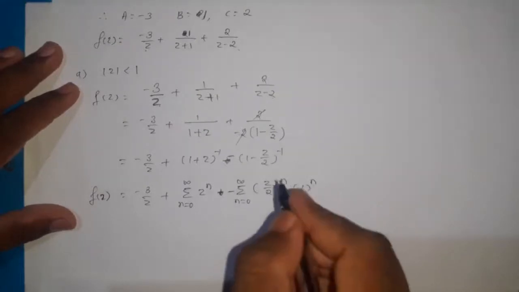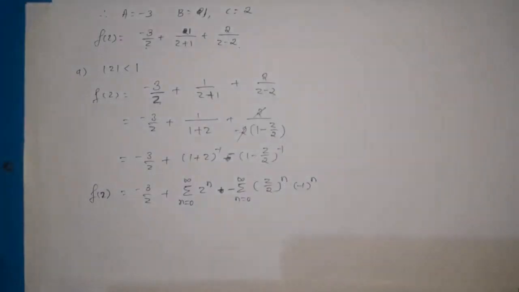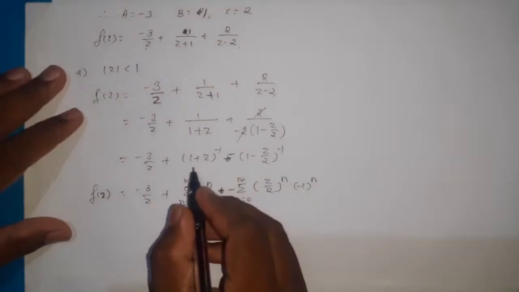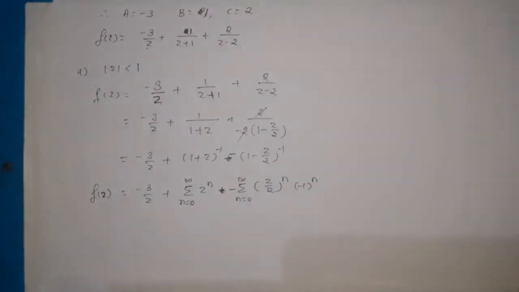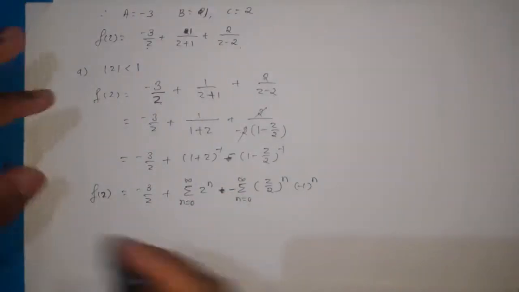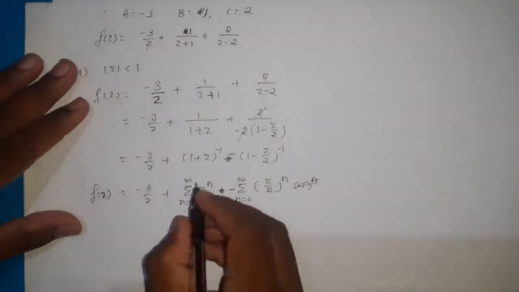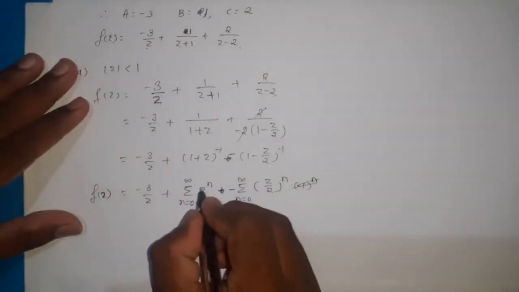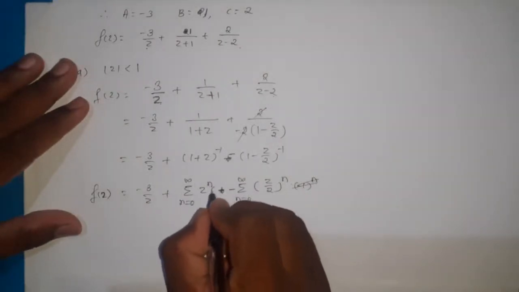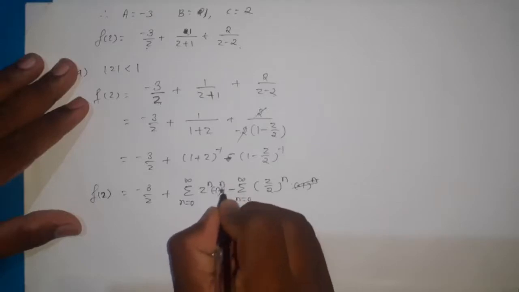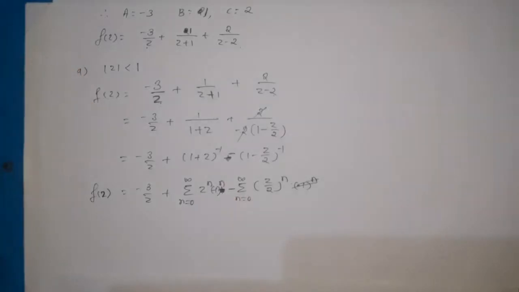Whenever there is a minus sign, all the terms will be positive, but when 1 plus x is there, we should get alternating plus and minus signs. So therefore here we need to write minus 1 whole power n in case of plus.